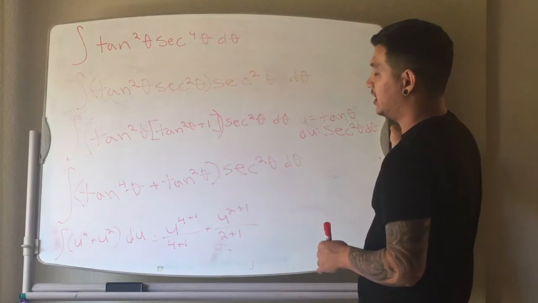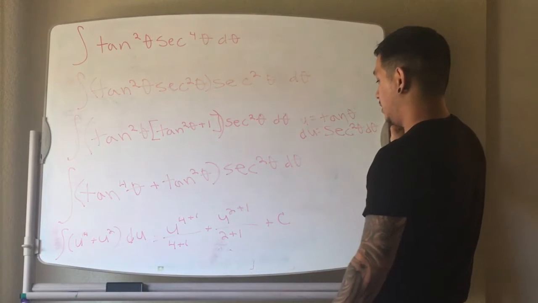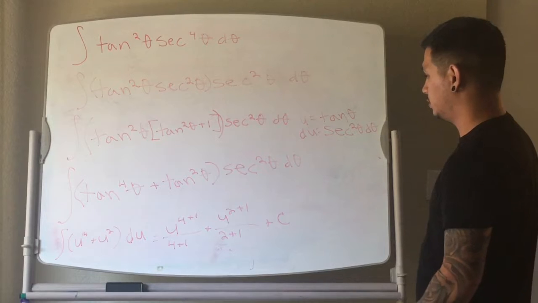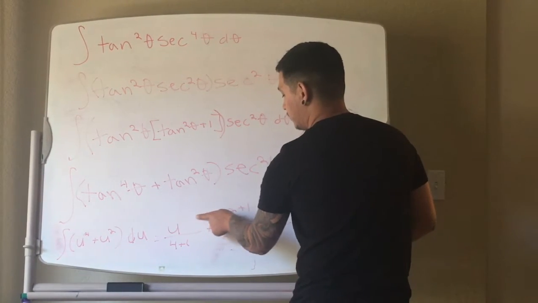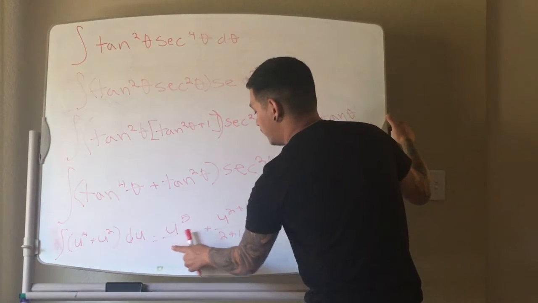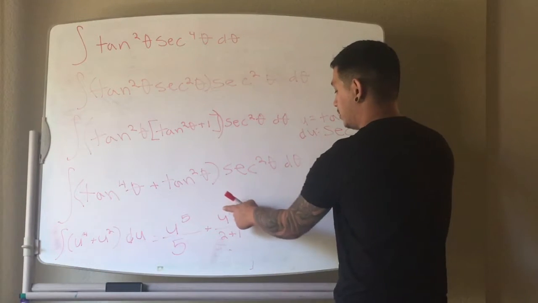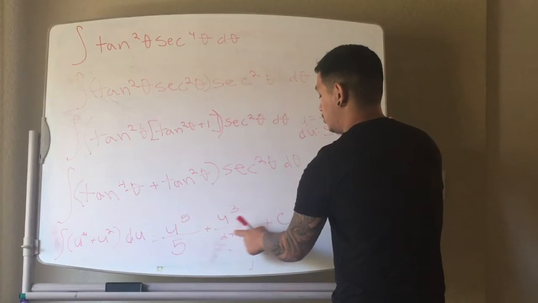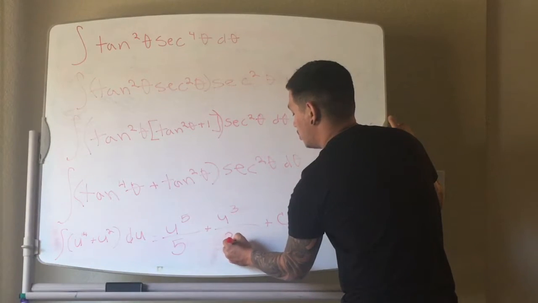And because it's an indefinite integral, we're going to add c. What does that come out to? If we simplify that, this will become 5, this will become 5. 2 plus 1, that becomes 3. 2 plus 1, that becomes 3.